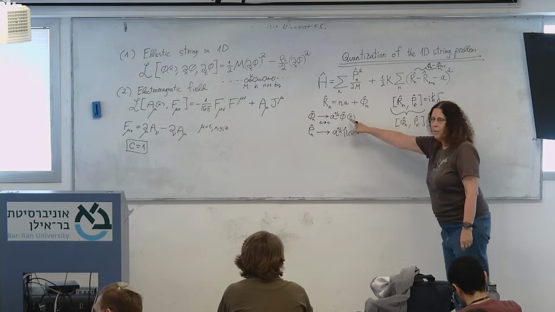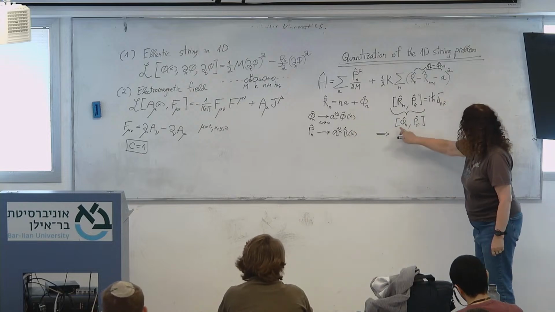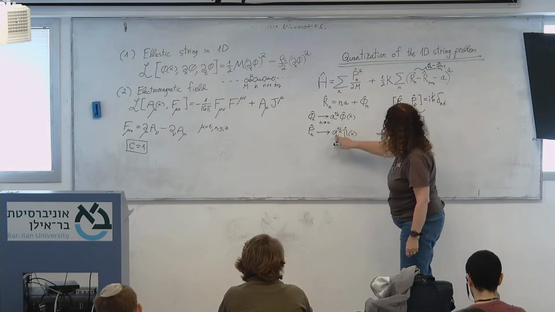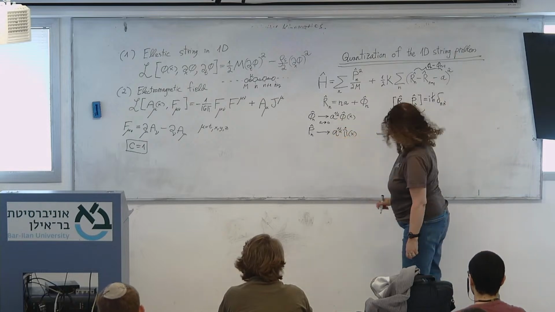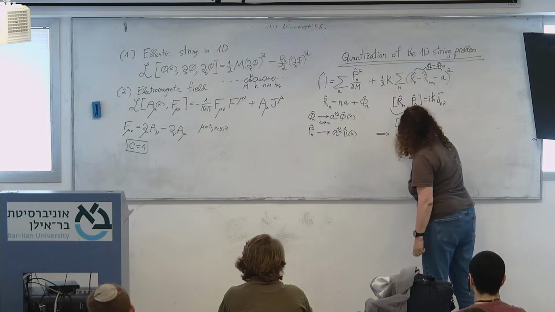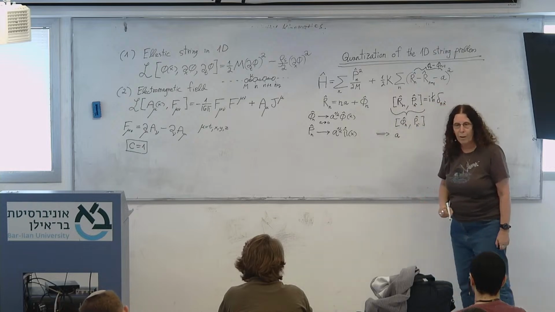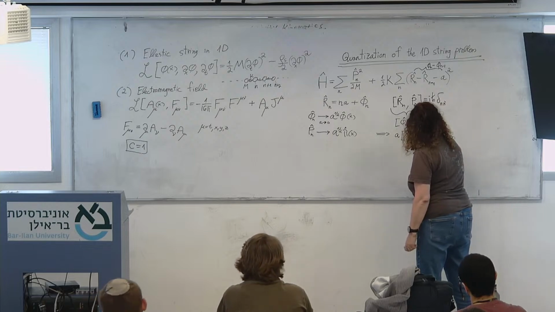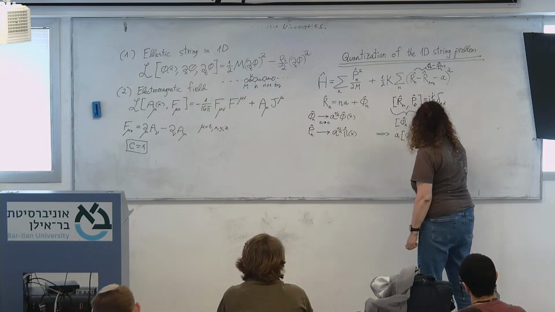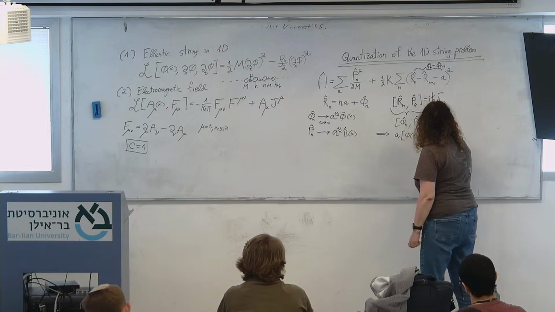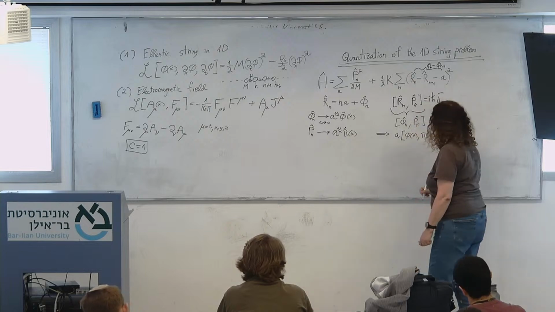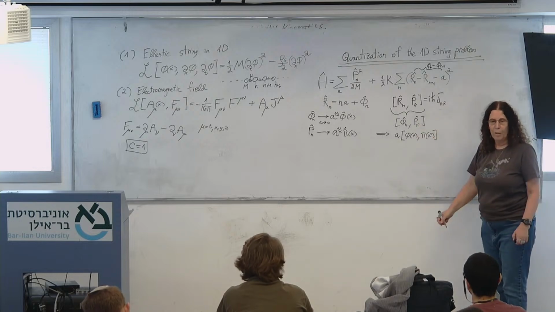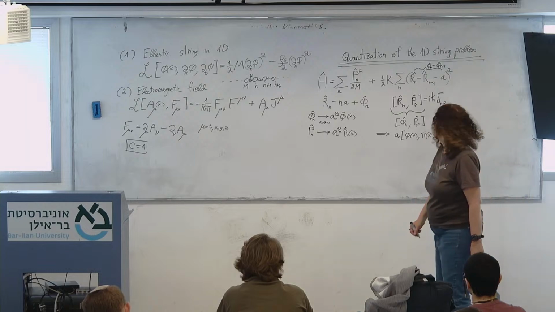So let's plug in this rescaling. I plug it into here. And because I have a to the half times a to the half, I can take out from the commutator a constant a, right? Times the commutator of phi of x, pi of x prime, where again the x prime is related to n prime by just multiplying by a. Okay?